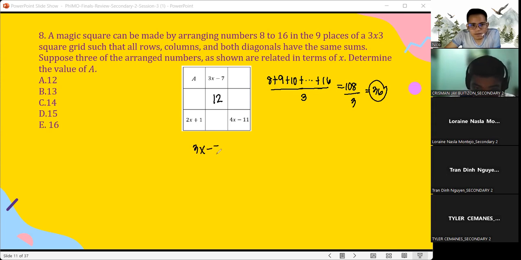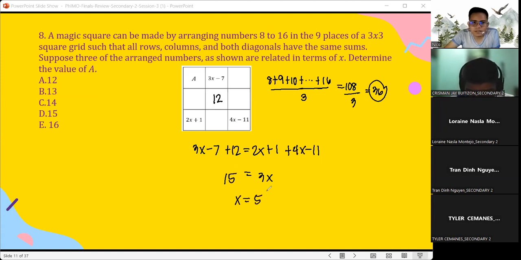So 3x minus 7 plus 12 is equal to 2x plus 1 plus 4x minus 11, right? So this one is 6x. So minus 3x, that's 3x. Then this is 5 minus 1, that's 4. That's 4 minus 11, that's 6. So 15 pala, no? So x here is equal to 5, right?